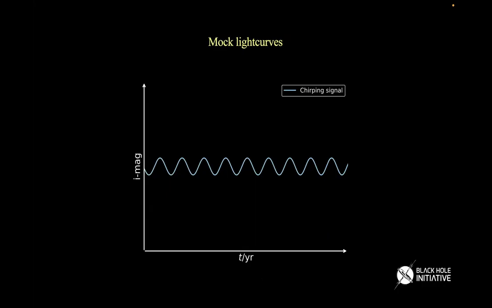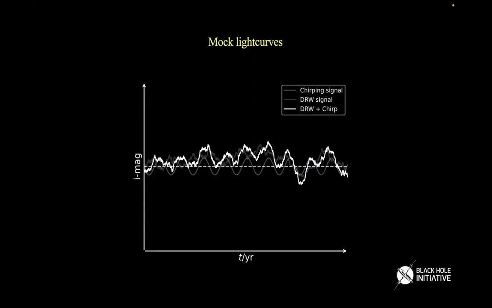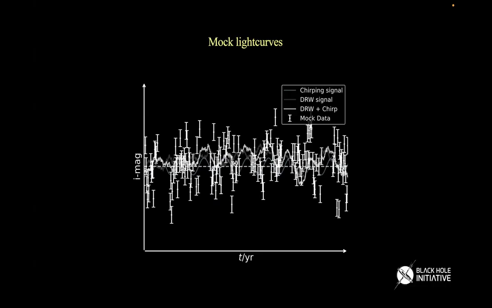So by the end of LSST, after 10 years, the orbital period will be shrinking by 0.75%. You can't really visibly see it here, but there is a chirp component here, and my task is to recover that. So I overlaid them on the walk, and this is the continuous signal that you get, but we all know there's also cadence, measurement error, that kind of stuff. So this is eventually the data you're dealing with.